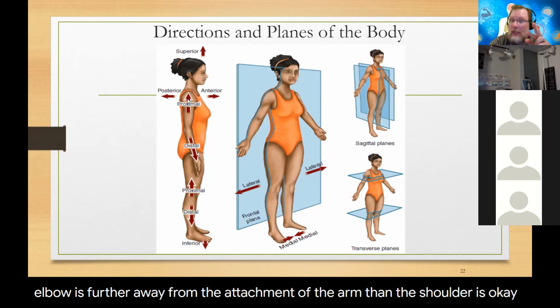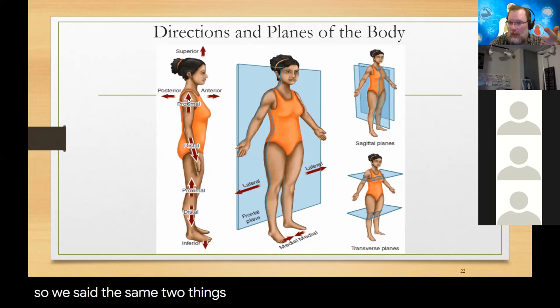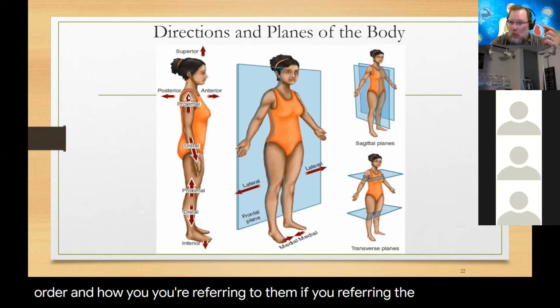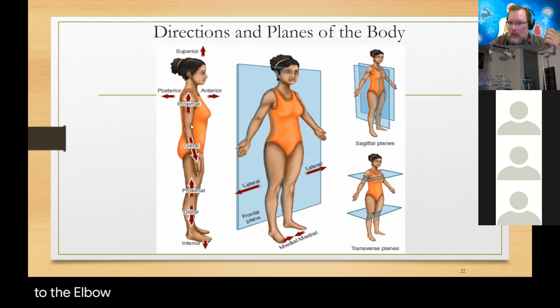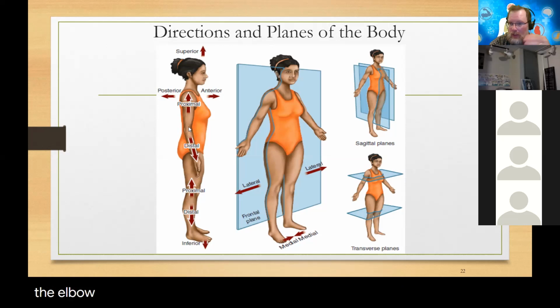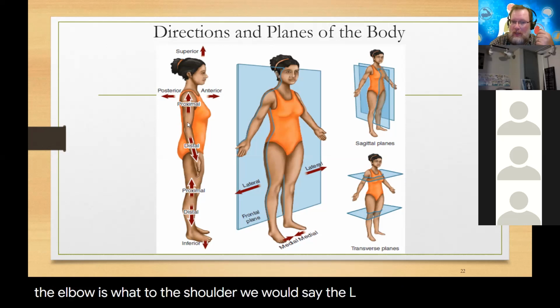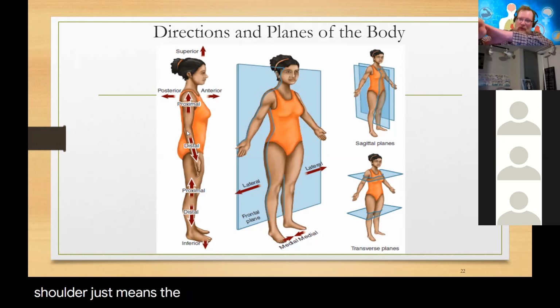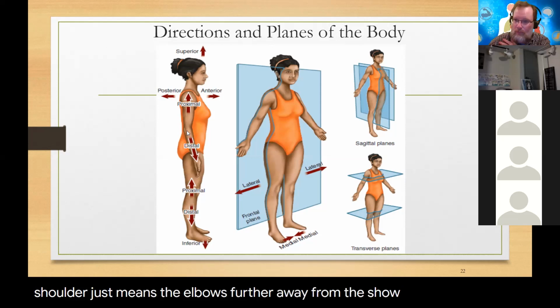So we said the same two things, shoulder and elbow, but depending on what order and how you're referring to them: if the shoulder is what to the elbow, we would say the shoulder is proximal to the elbow. If we're saying the elbow is what to the shoulder, we would say the elbow is distal to the shoulder. Just means the elbow is further away from the shoulder.